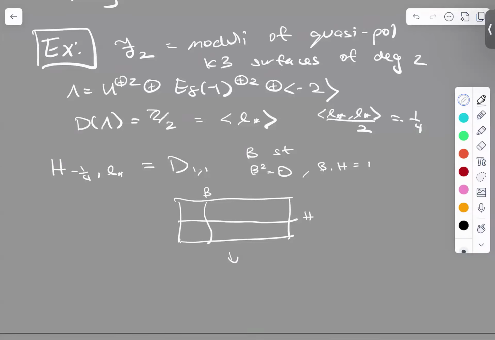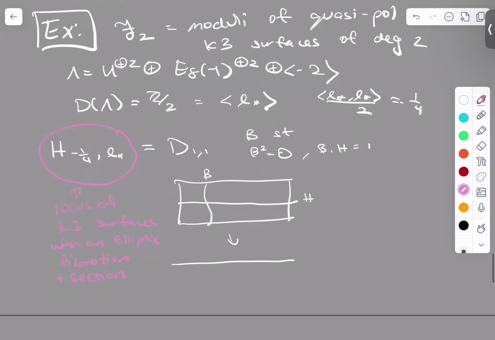And this will, it turns out, give me an elliptic fibration on my K3 surface. So this locus is the locus of K3 surfaces with an elliptic fibration plus a section. And this is traditionally called the unigonal locus.